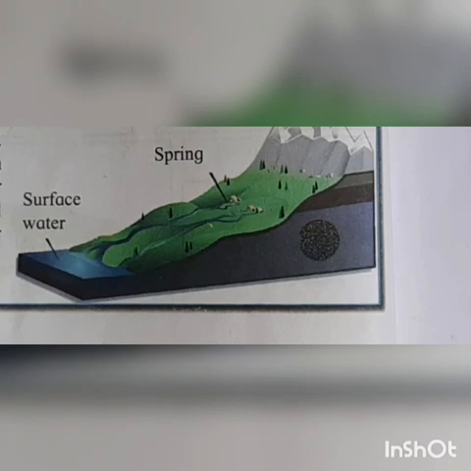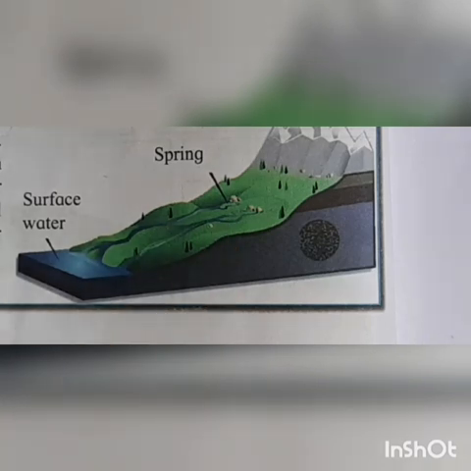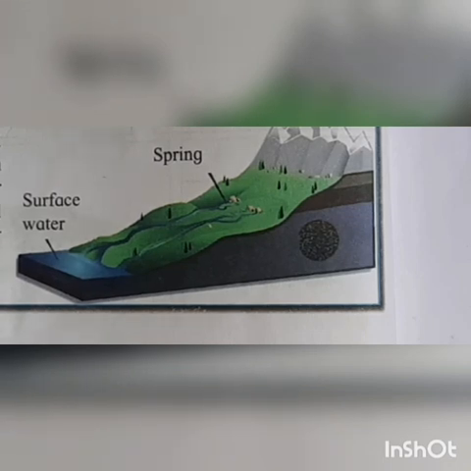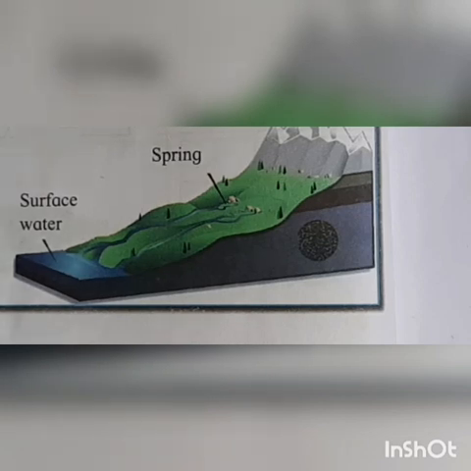Now, children, sometimes the water in the ground comes out in the form of springs. Do you know what is a spring? The rainwater seeps into the ground. It seeps deep into the ground through cracks in the soil and rocks.